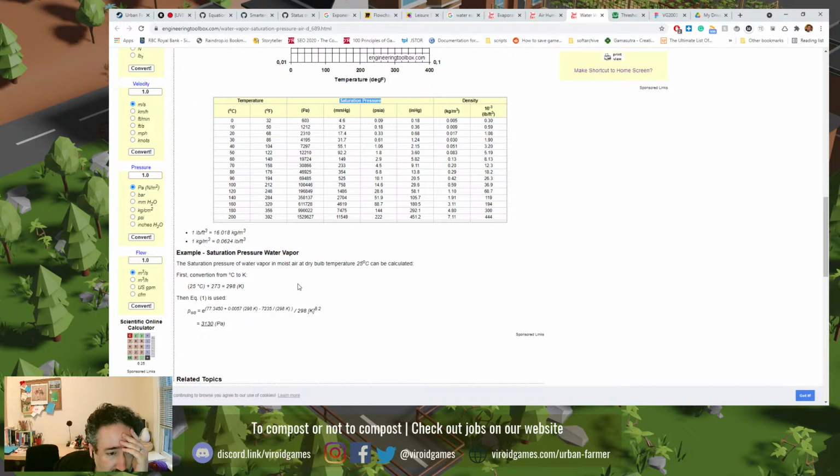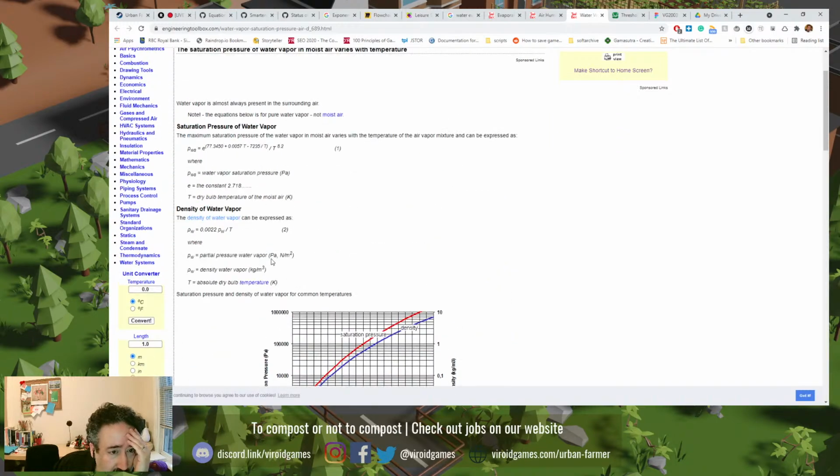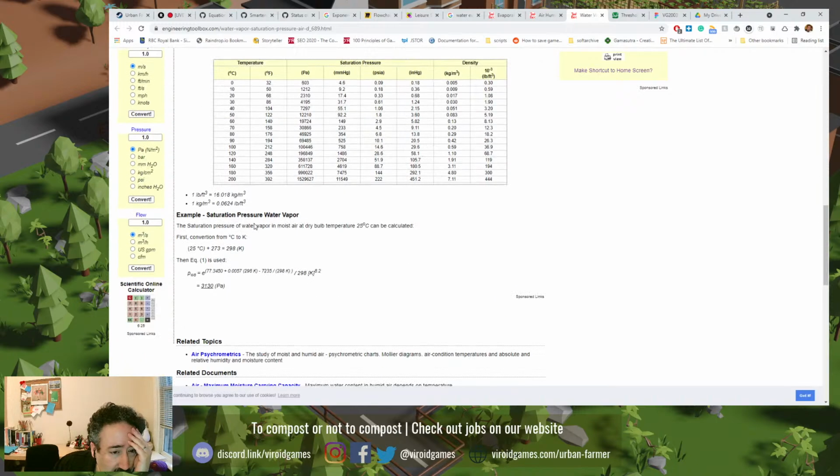Are you telling me that maybe that's what I'm doing wrong? This T, if I recall from science class, this has to be in Kelvin. I cannot just plug 25 here. Makes sense.